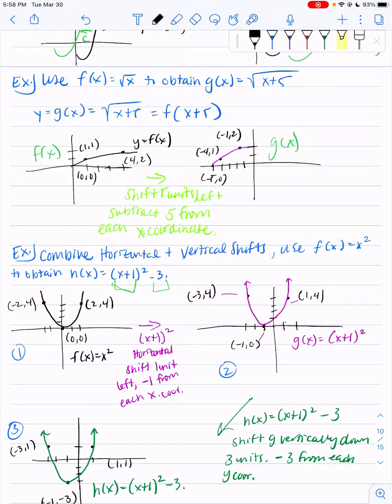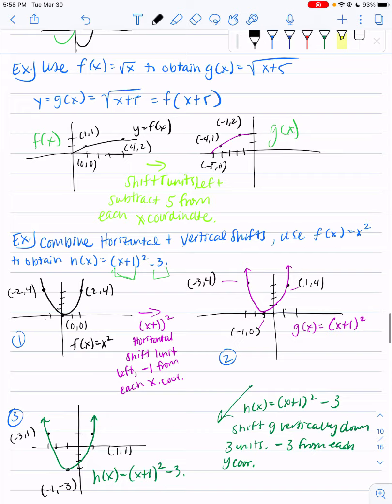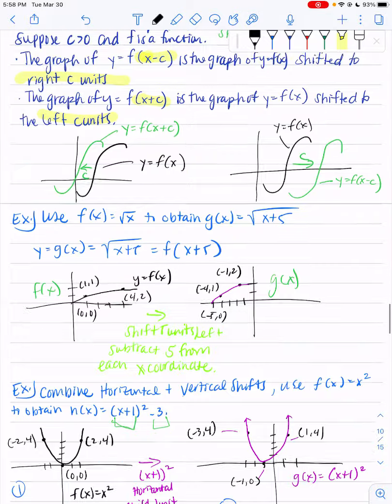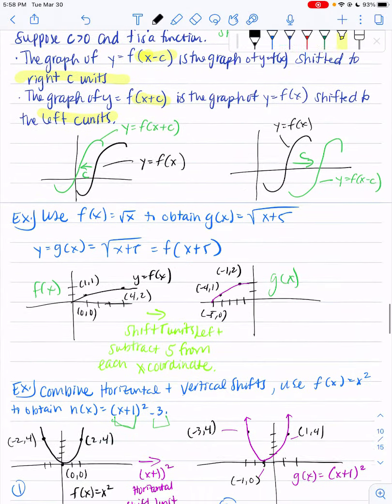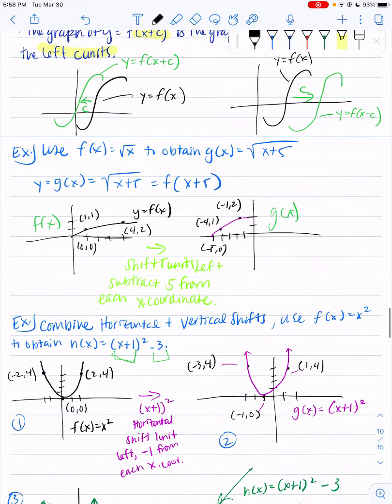And I'm going to use translations to get points for my new function, g of x. So I'm going to shift 5 units left because our function is x plus 5. I'm going to be subtracting 5 from each x coordinate because it's a horizontal shift, because we're moving left and right and not up and down.